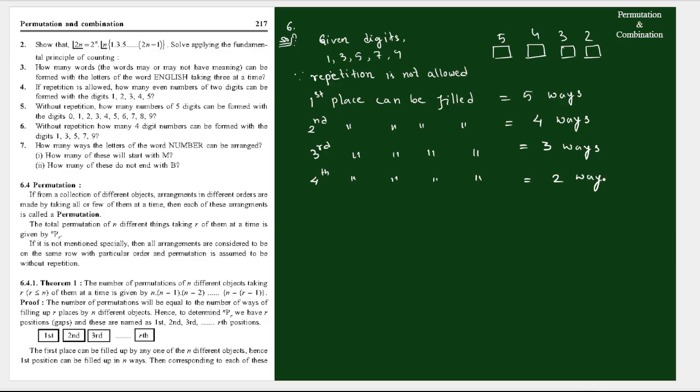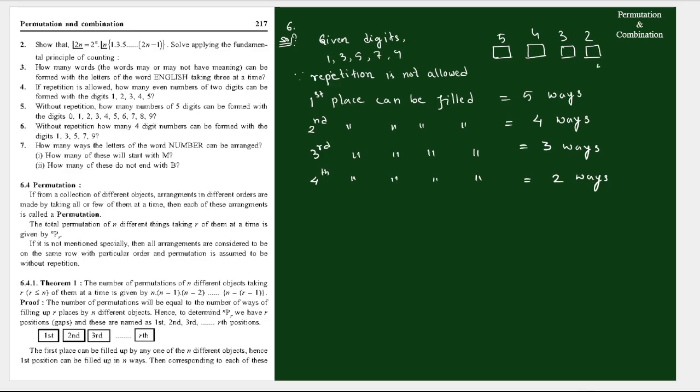Here we have not written the direction because 0 is not there. So we don't have any confusion here, right? That is why I didn't write the direction here, first place from the left, because whether you start from this place or that place, first place will always be 5 ways, this will always be 4.